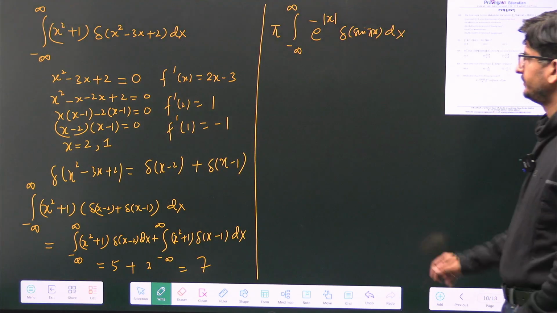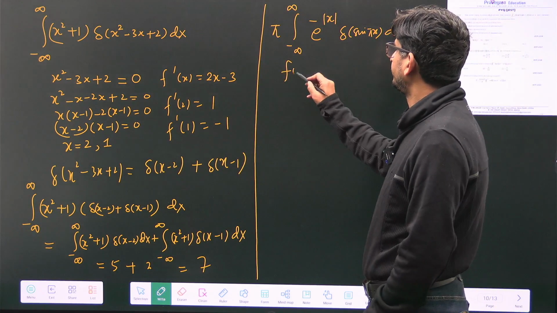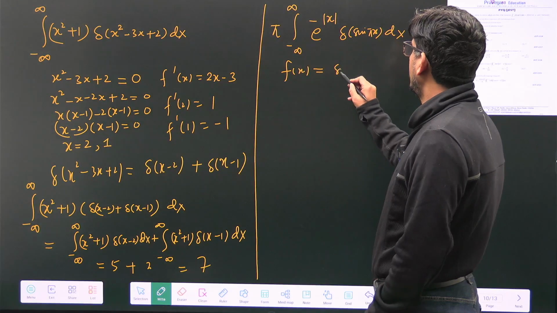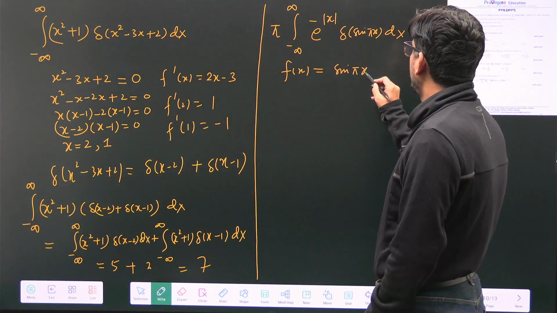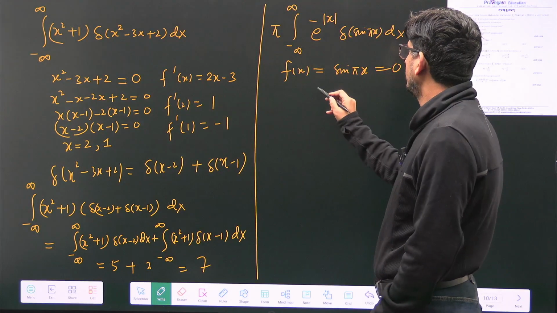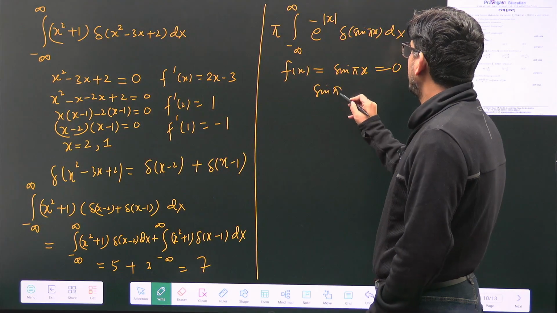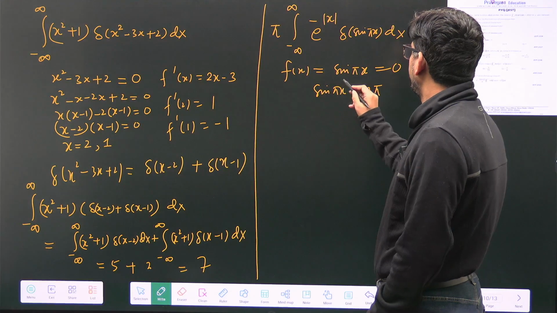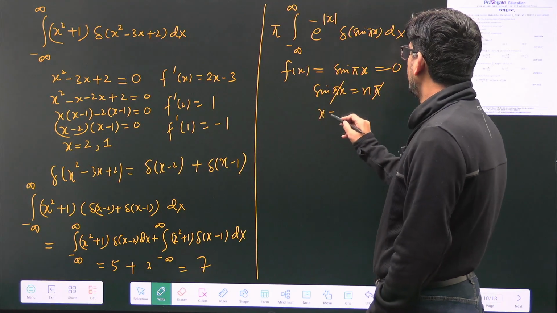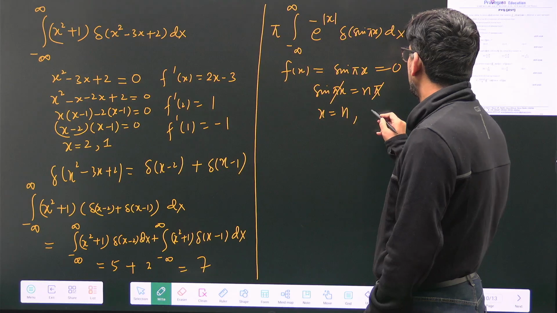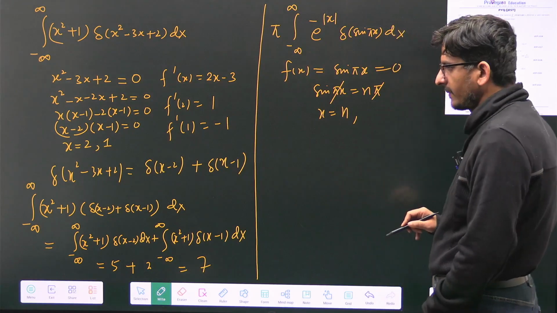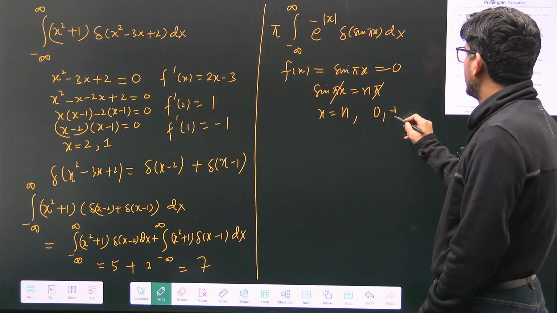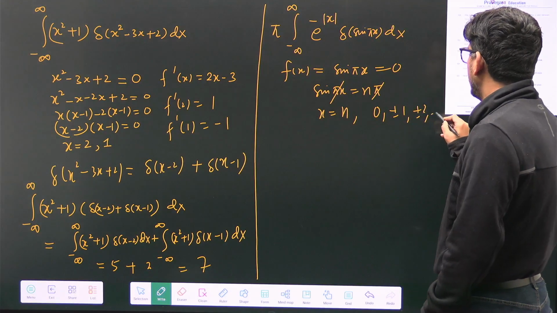Now this time f(x) is sine of pi x, and let us put it equal to 0. Sine of pi x is zero at n pi. So x is equal to n, which is 0, plus minus 1, plus minus 2, and so on.